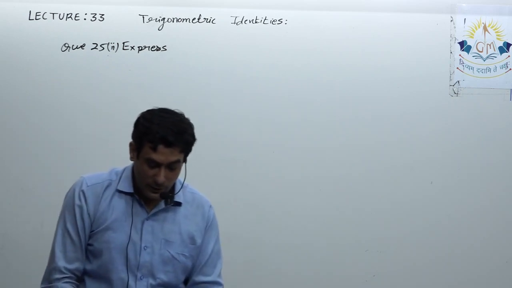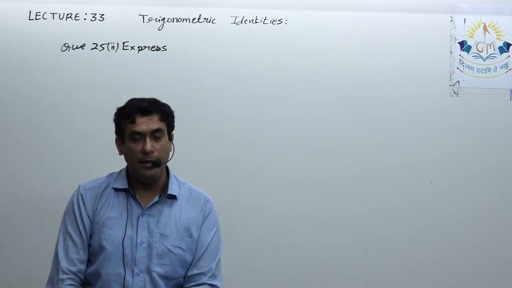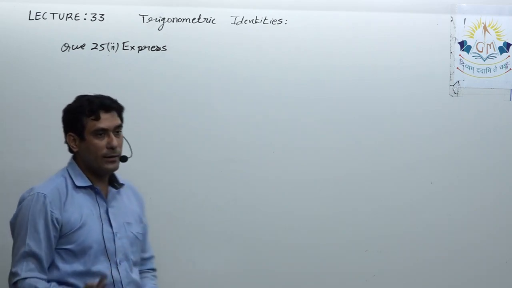Question number 3 says: express all other trigonometric ratios of angle A in terms of sec A. We have to write all other trigonometric ratios.